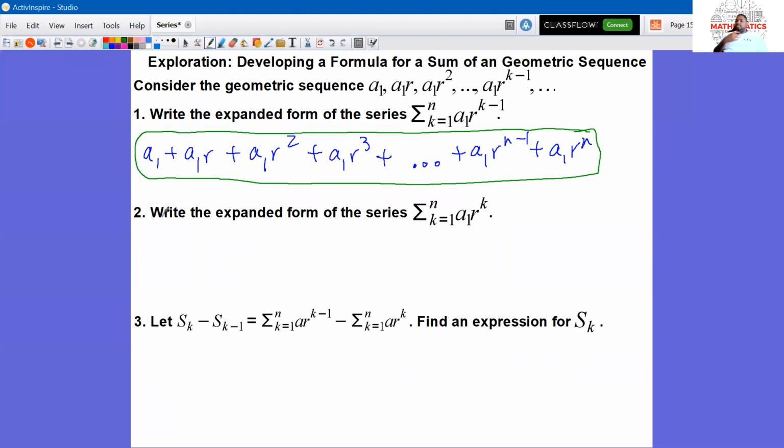Second, write the expanded form of this series, A1 times r to the k. So we have A1r plus A1r squared plus A1r cubed, dot dot dot, A1r to the n minus 1, A1r to the n.